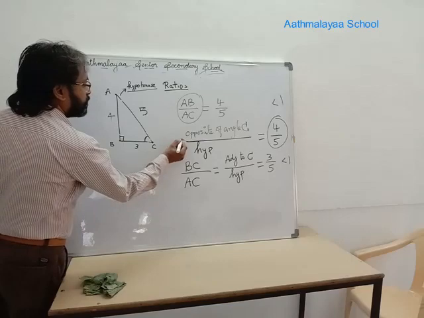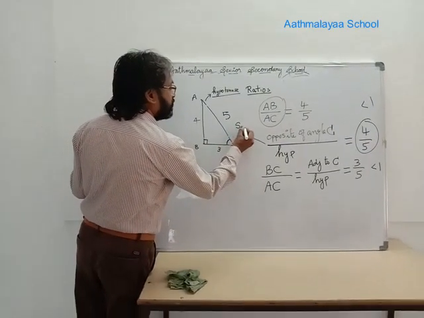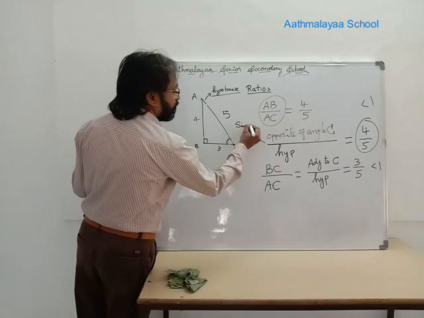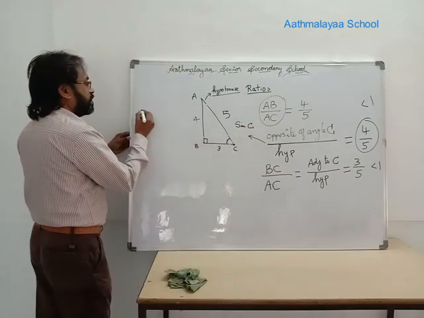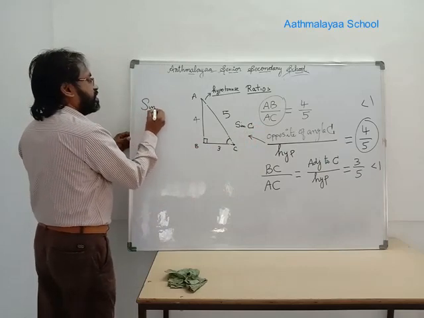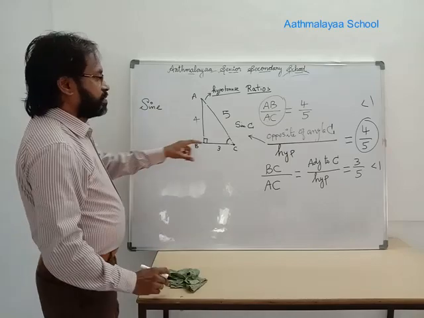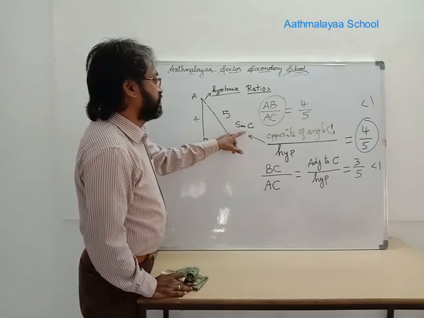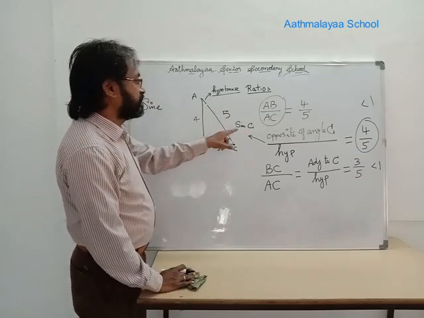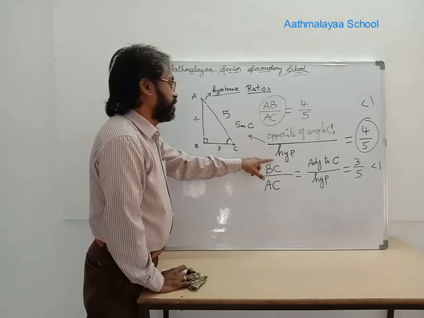Okay, so first let me give the names for such ratios. The first ratio is given the name sine of angle C. Okay, sine C. Actually the correct spelling is S-I-N-E, sine. So we are giving the name sine C. Sine C is written as opposite divided by hypotenuse.